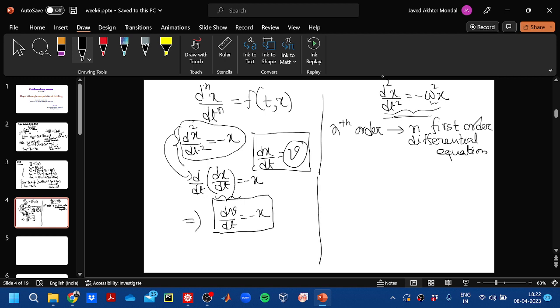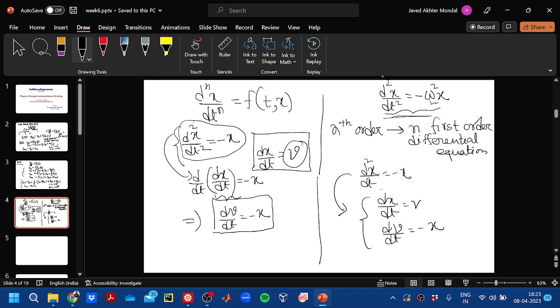So what is the summary? The summary is that we have this second order equation, and from that we can decouple it into two first order equations. In this particular example, the two first order equations are dx/dt equal to v and dv/dt equal to minus x.